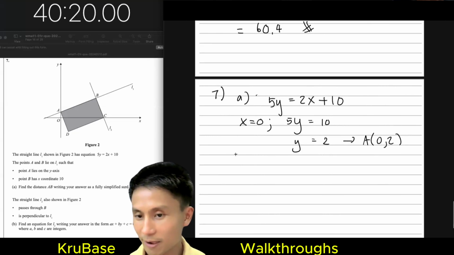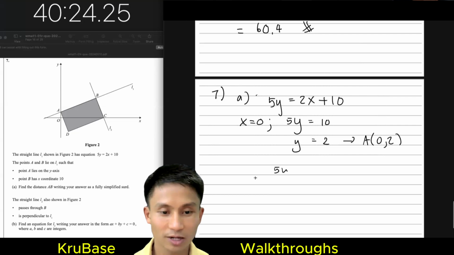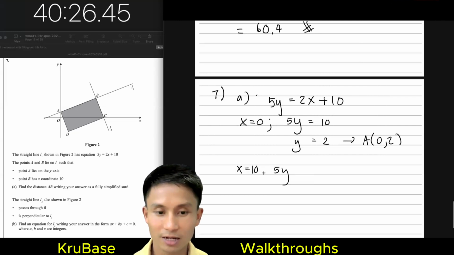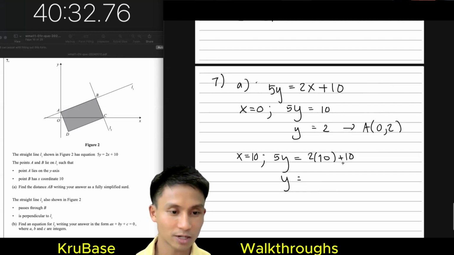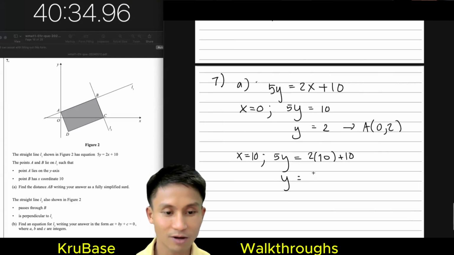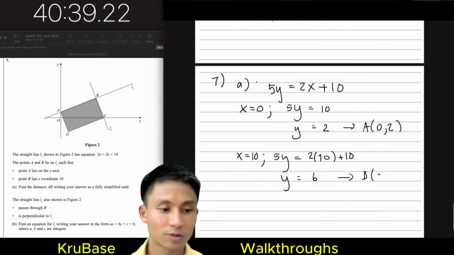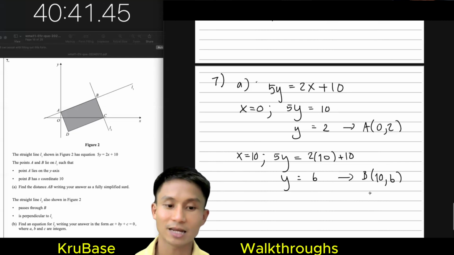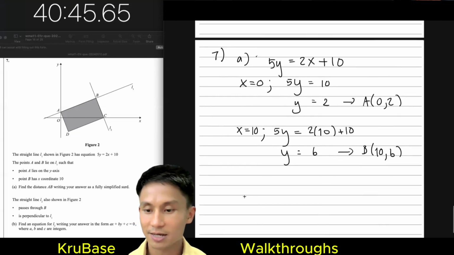And what about B? B has the x coordinate of 10. So if we put x as 10 in there, y is just 20 plus 10, 30. 30 divided by 5 is 6. Okay. So B will be 10 and 6.